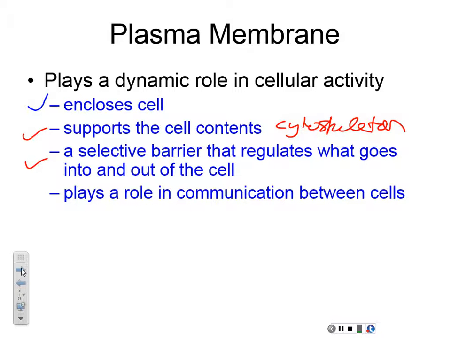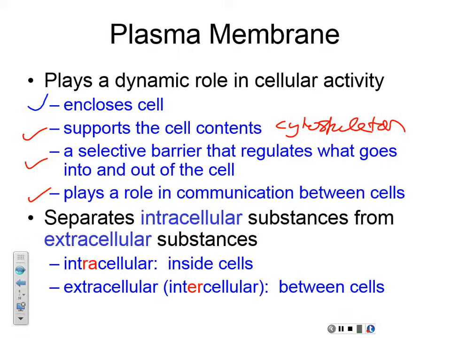And then, of course, the membrane is selective. It will let certain substances in or out. It doesn't just let anything in or out. So it maintains the integrity of the cell, right? And then, of course, it plays a role in communication, which is very important, especially for the immune system. That's how tissues are formed as well, because like cells will stick together because they have a common function in forming tissue together with the extracellular material, right?